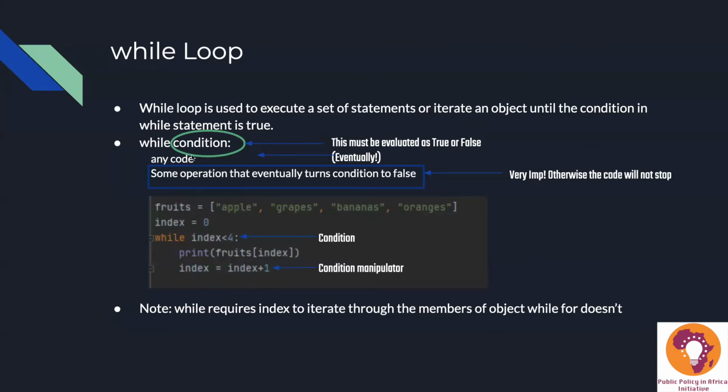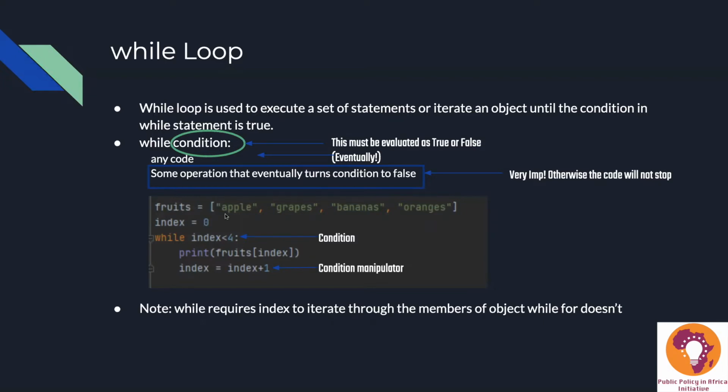Eventually, you want the code to have some operation that will turn the condition to false. There are some ways to get around this, and we'll talk about that later on, because there's a concept that exists in many other languages called a do-while loop. A do-while loop is like a while loop, but you always evaluate the code at least once.